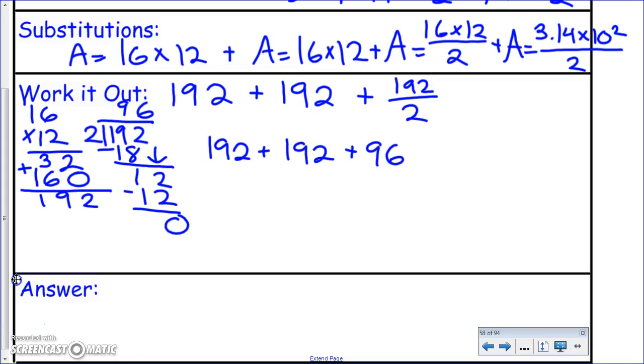All right, now we have to take care of the circle. We have 3.14 times 10 squared, which means it's times 100. So you know that when you're multiplying by a power of 10, like 10, 100, 1,000, we don't actually have to sit down and work it out. We know the number of zeros tells us how many places to move the decimal. So in this case, there's 2. So we're going to move the decimal 2 places to the right. So we get 314 over 2.